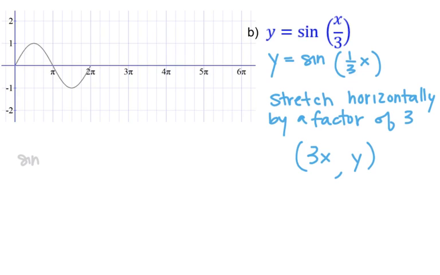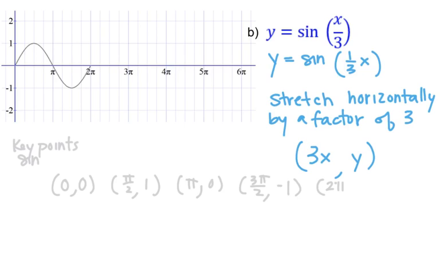So let's look at our key points. The key points for sine: we start with 0, 0. I've got pi over 2, 1; pi, 0; 3 pi over 2, -1; and 2 pi, 0. So if I take each of these 5 x values and multiply them by 3, what do they become?